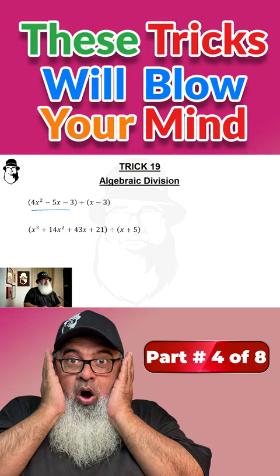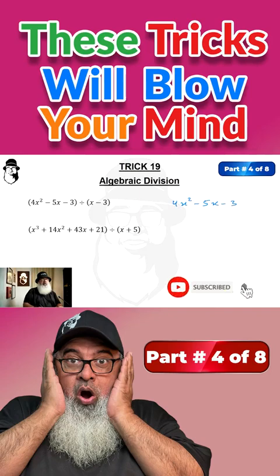Here we have 3 terms, or any polynomial, divided by this binomial, or 2 terms. So let's write it as it is, 4x squared minus 5x minus 3, and this we are dividing by x minus 3.